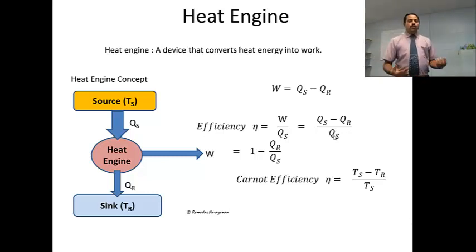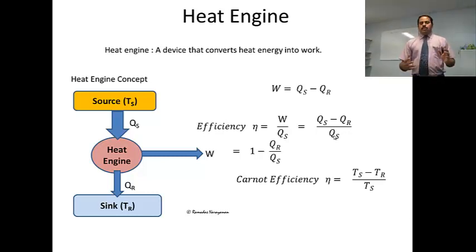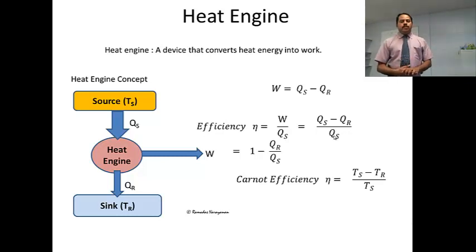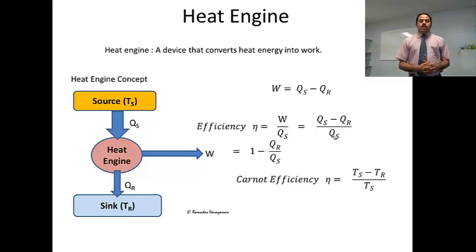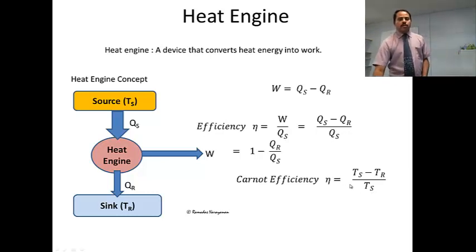Now what is the maximum possible efficiency? According to the second law of thermodynamics, no engine can work with 100% efficiency. So what is the maximum possible efficiency? That is defined by the Carnot efficiency. The Carnot efficiency is Ts minus Tr over Ts.